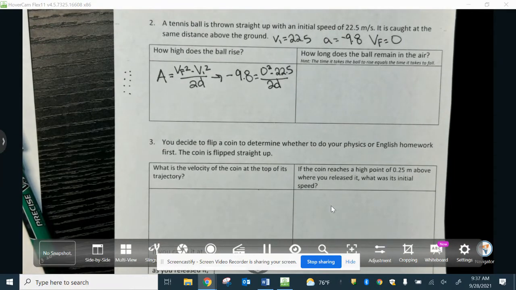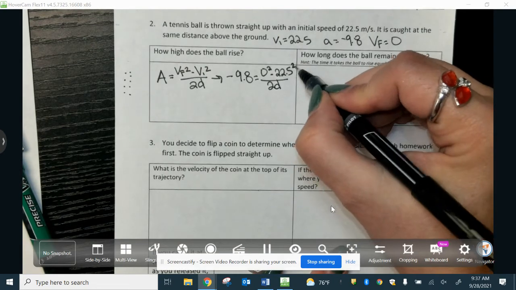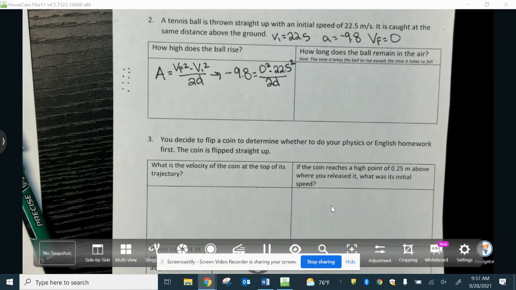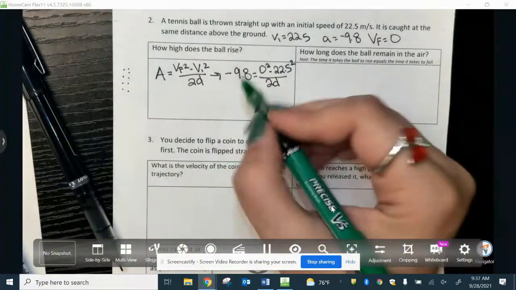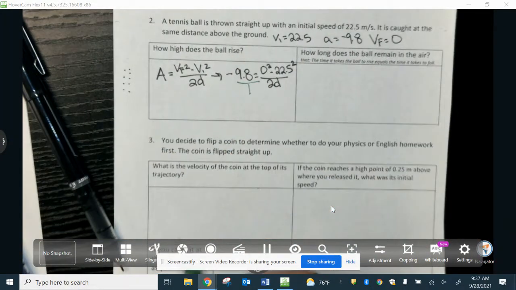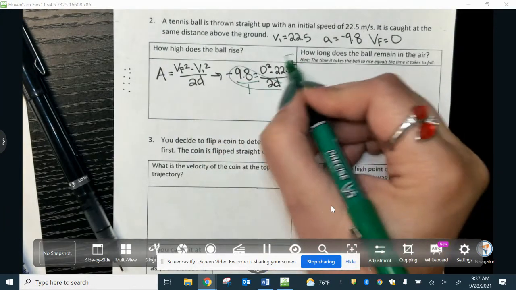So it becomes negative 9.8 equals 0 squared minus 22.5 squared divided by 2d. Put this over 1.